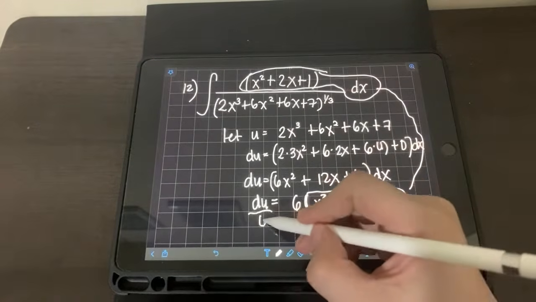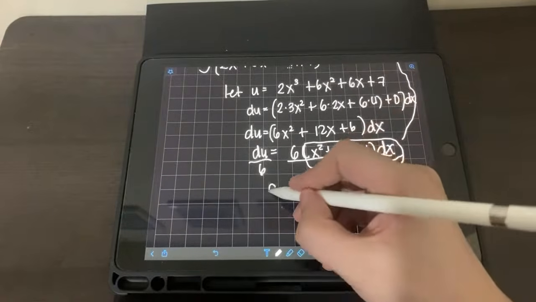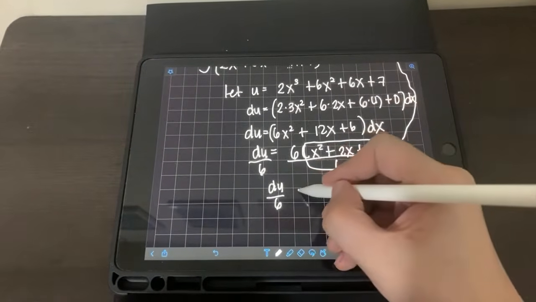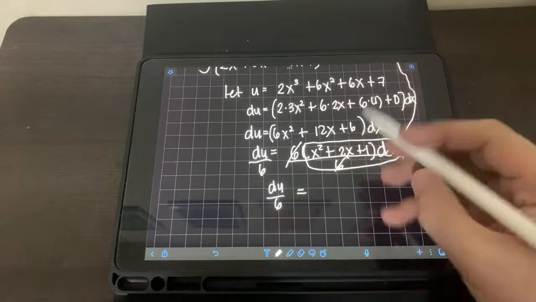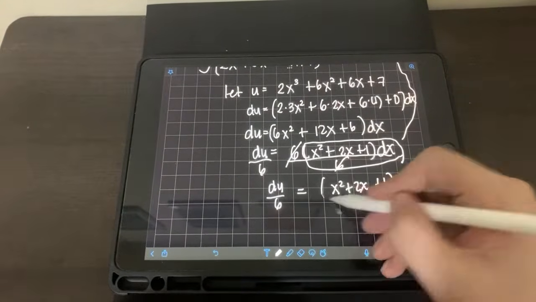So, let's divide both sides by 6. So, du over 6 is equal to, cancel, x squared plus 2x plus 1 dx.